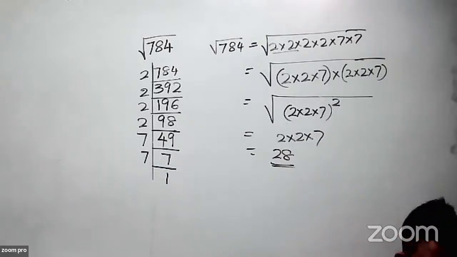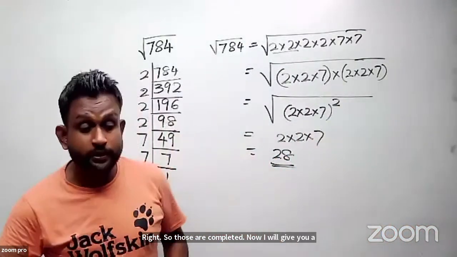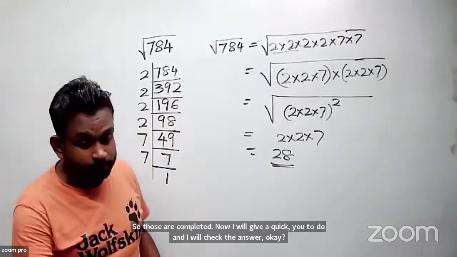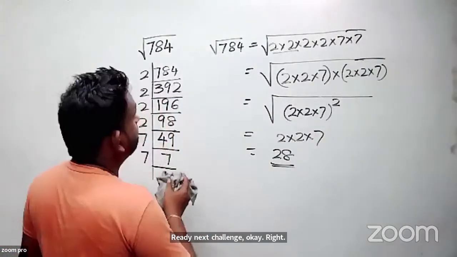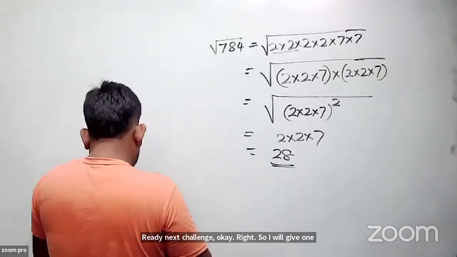So those who completed, now I will give you a question to do and I will check the answer. Okay, ready? Next challenge. So I will give one question and you have to give me the answer.